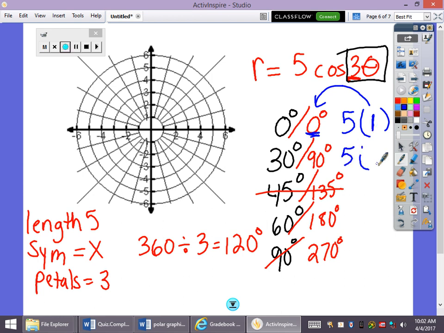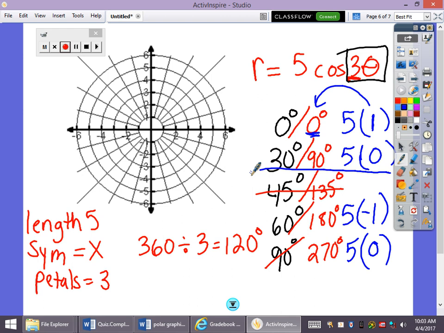What is the cosine of 90? 0. What is the cosine of 180? And the cosine of 270? 0. Okay? Technically, once I hit a 0 for petals, I'm kind of done. Okay? I'm really done. I'm going to show you why in a second.